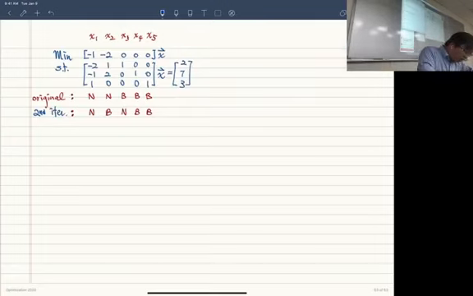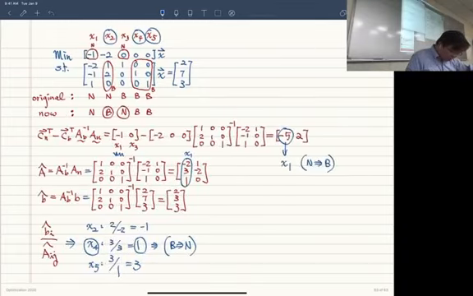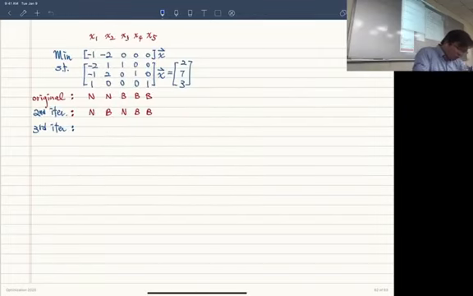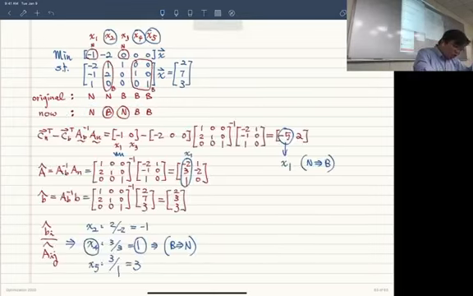And now we are moving on to my third iteration. I know this time I swap x1 and x4. They swap, so B and N for those. And for the rest, you don't do anything. And what do we do next? We do all these again.